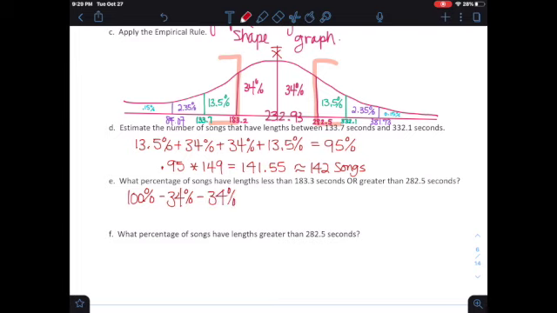Now, if you like being a plus person, you can take 0.15% plus 2.35% plus 13.5% and times 2, or just add them all together. But I like the easy way out. So I'm going to take 100%, which is the whole empirical rule bell curve, minus the two percentages I don't need, which is 34% and 34%. That's 100 minus 68%, which gives you 32%.